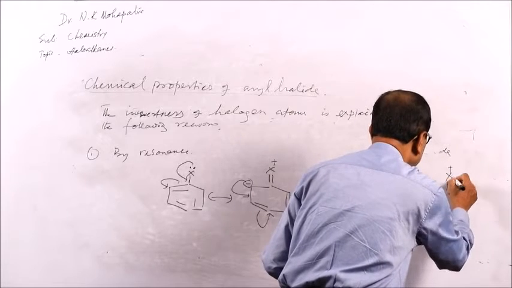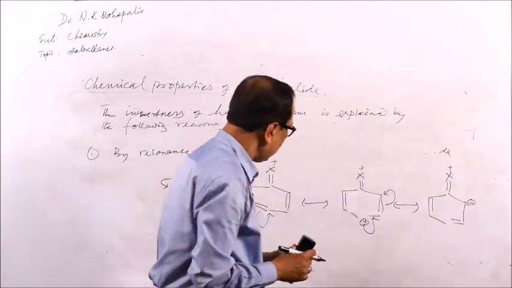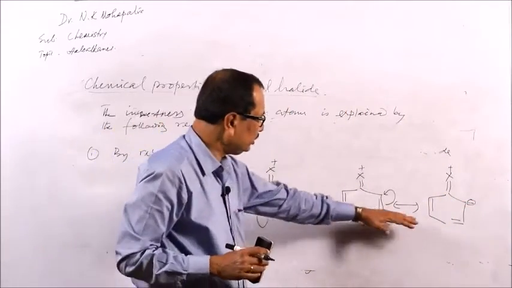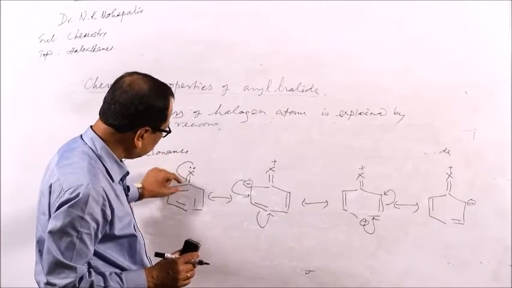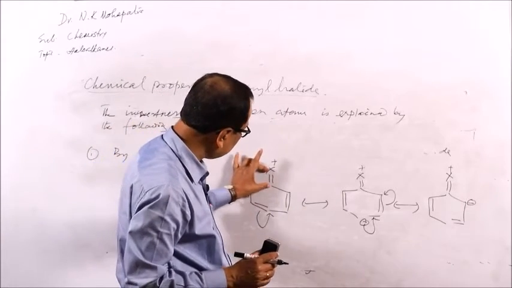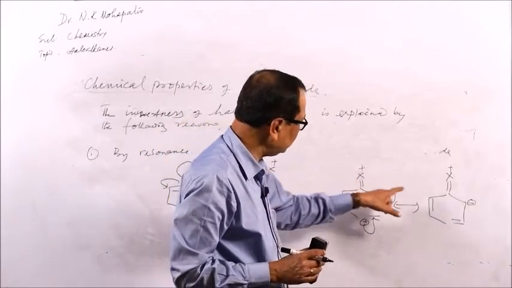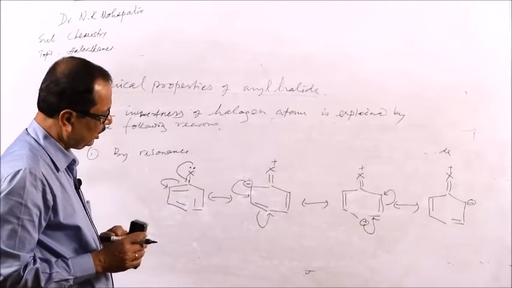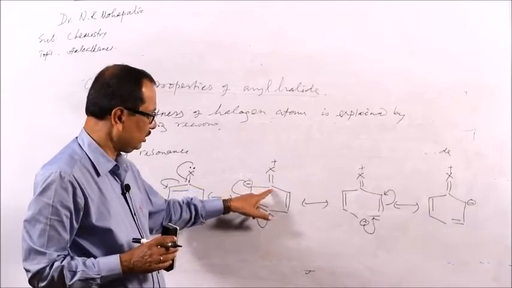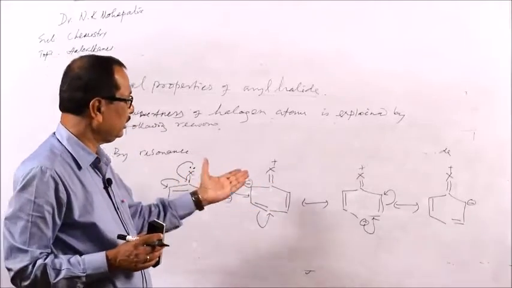These are the resonating structures of halobenzene, and you observe that due to resonance, there is a partial double bond between this carbon atom and the halogen atom. In all these resonating structures, a partial double bond develops between halogen and carbon, thereby the bond energy of this bond becomes higher.